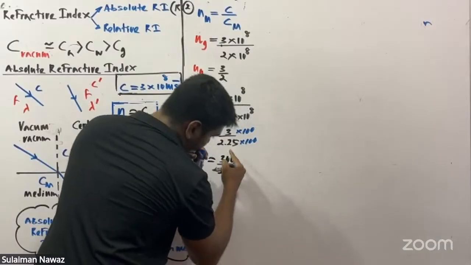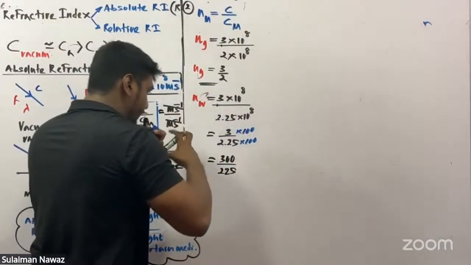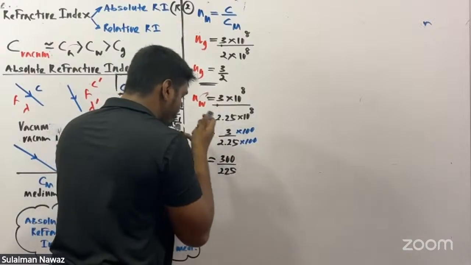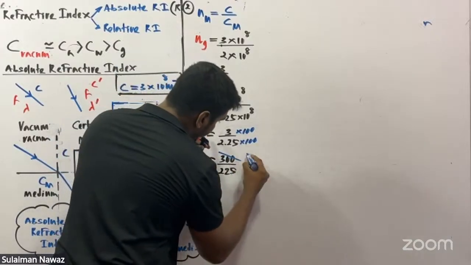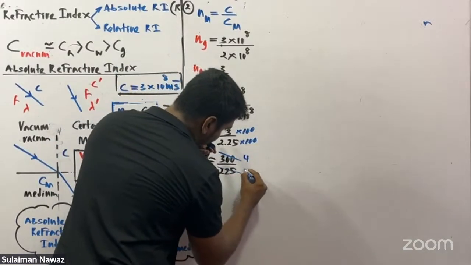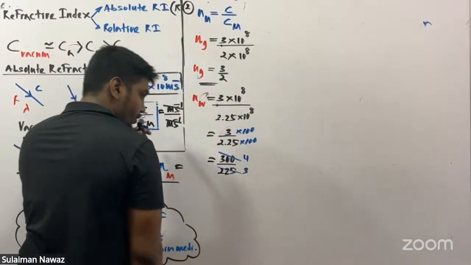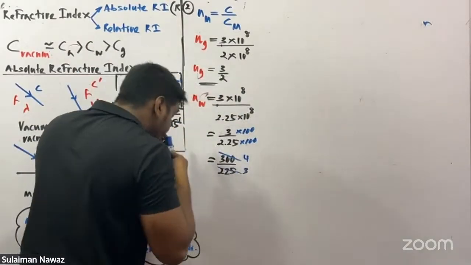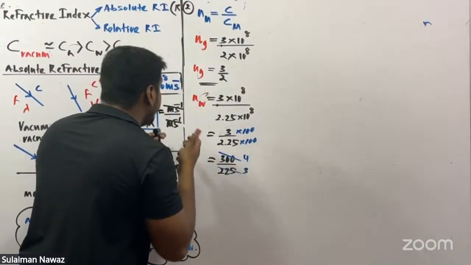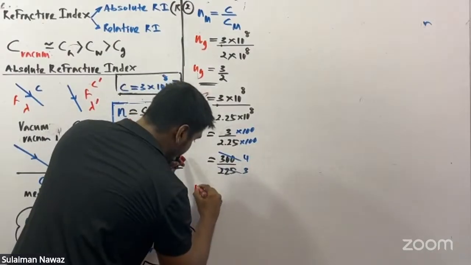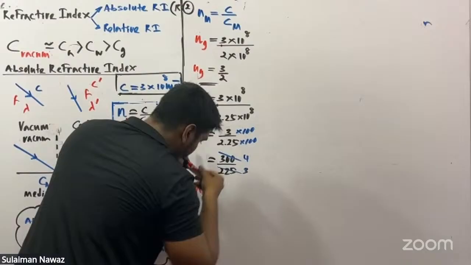Now divide up and down by 75. There are 4 75s in 300, and 3 75s in 225. Finally, remember, absolute refractive index of water is 4 over 3.